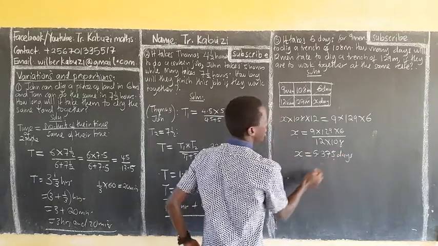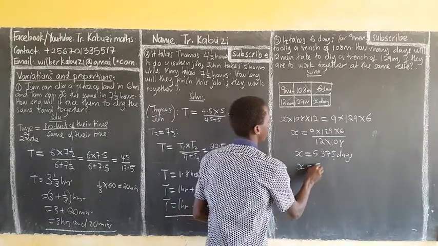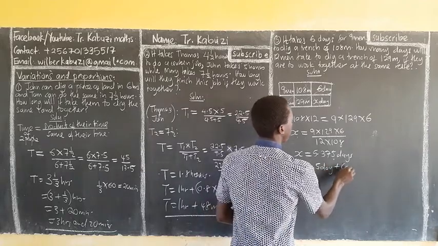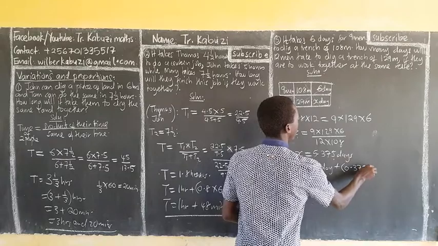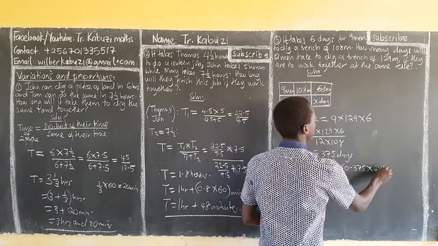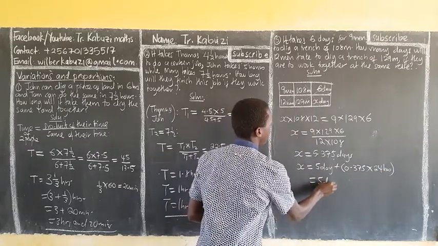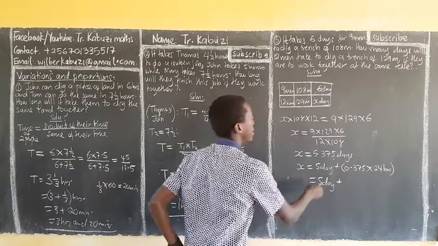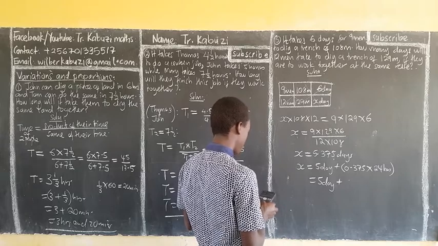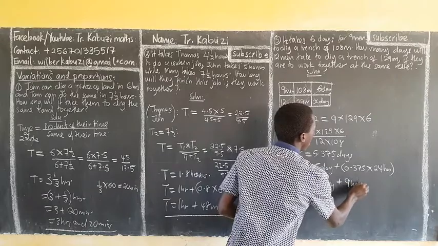By now, we can't leave it in days, so we get this in hours. So x will be 5 days plus 0.375 times 24, since 1 day has 24 hours. 0.375 times 24 gives me 9 hours.